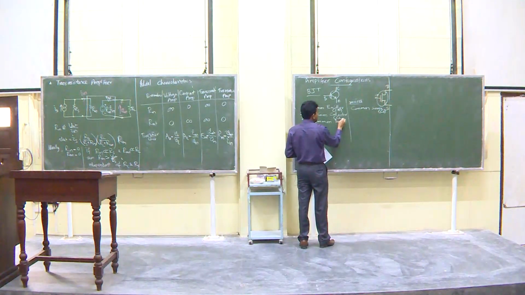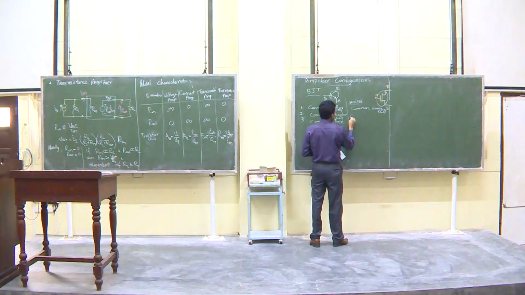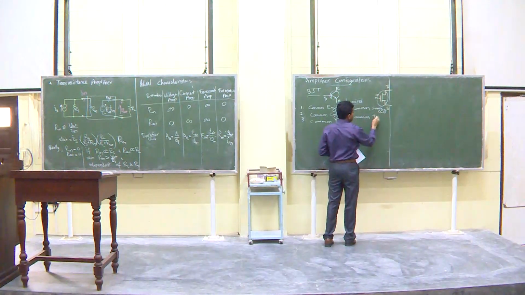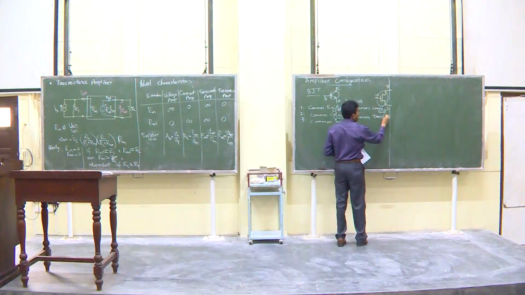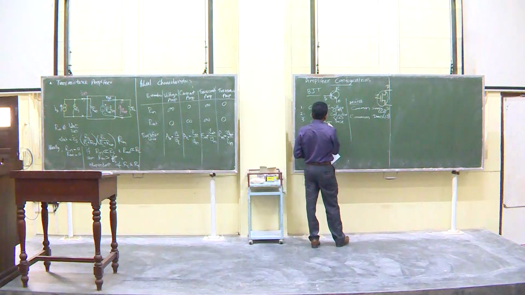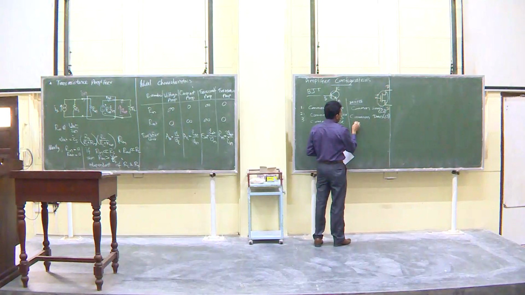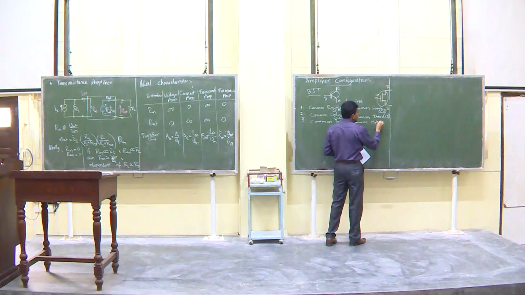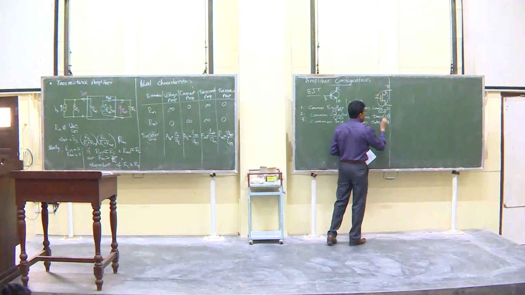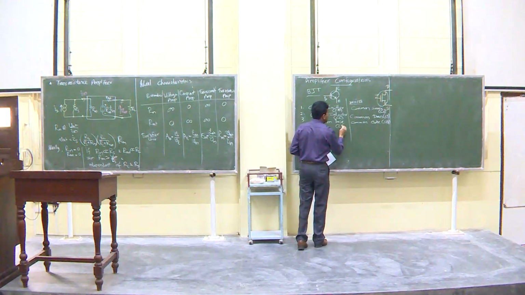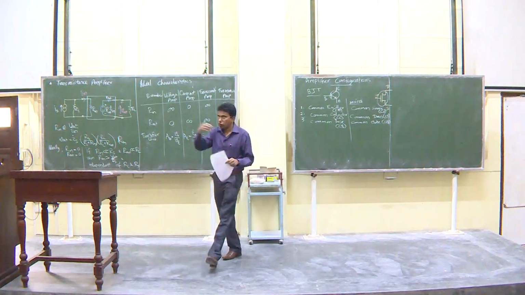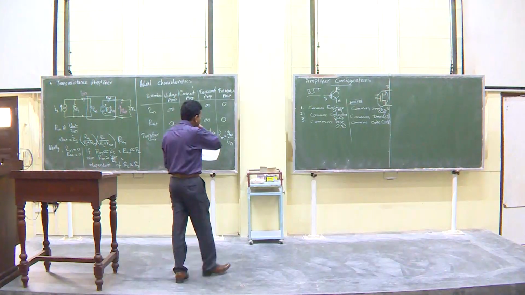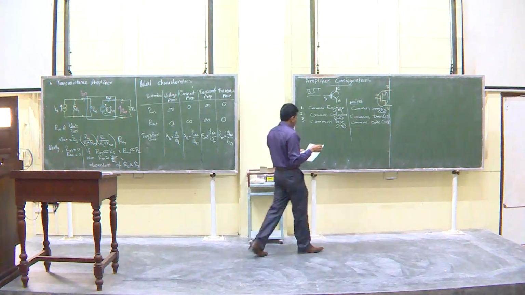This is common collector, CC. This is common drain, CD. And the last one, common gate, CG. This is CB. Okay. Those are the configurations that we have. So let's look at common emitter.